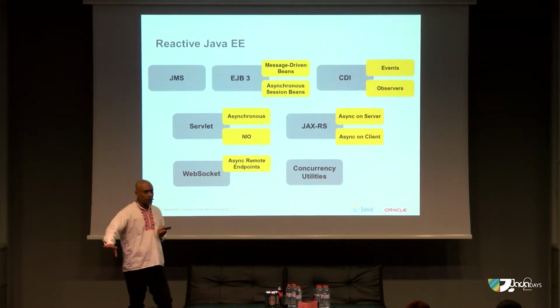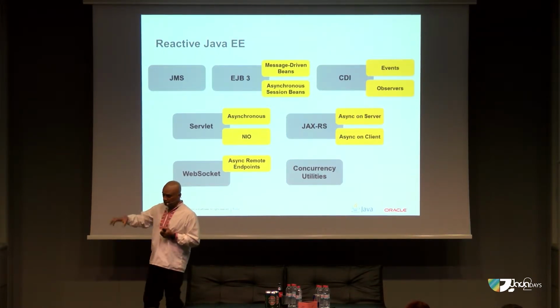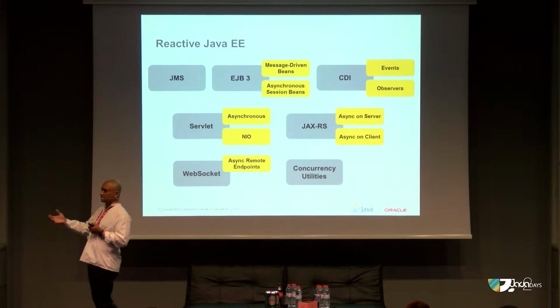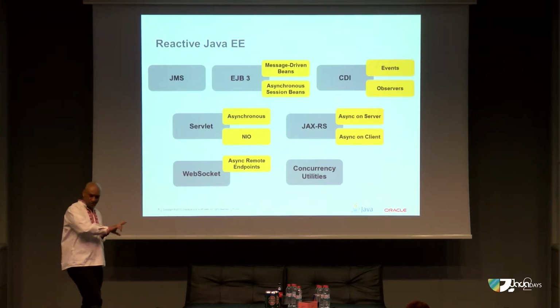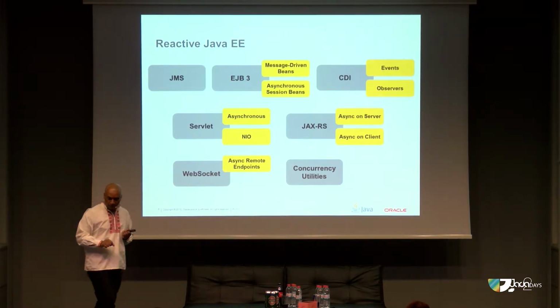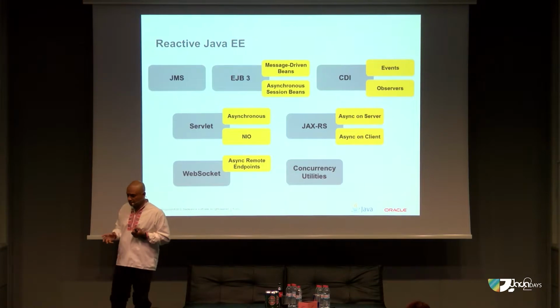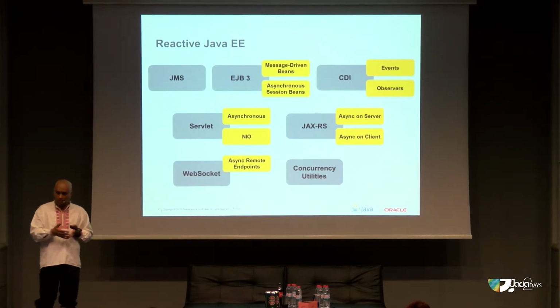Similarly, in the protocol layer, we have asynchronous programming and NIO support in servlets. We have asynchronous processing in JAX-RS, both on the client and the server side. We don't have NIO in JAX-RS yet, but that is happening in Java EE 8. The WebSocket is an interesting case because it is inherently designed for non-blocking code.